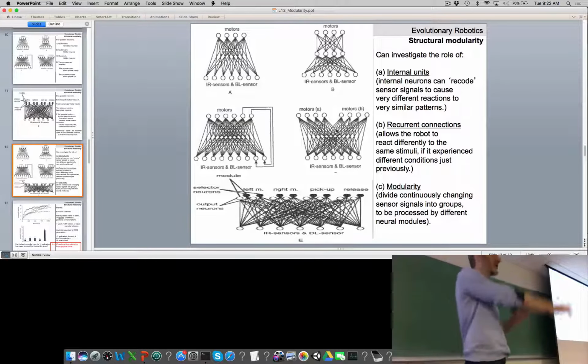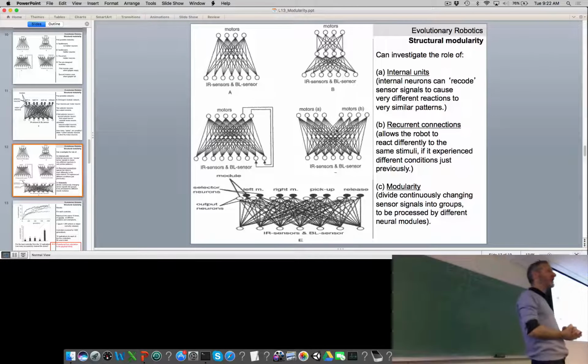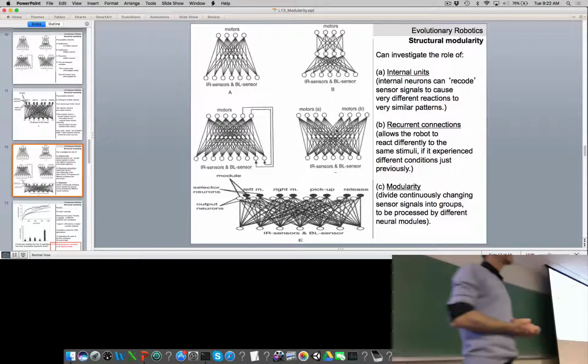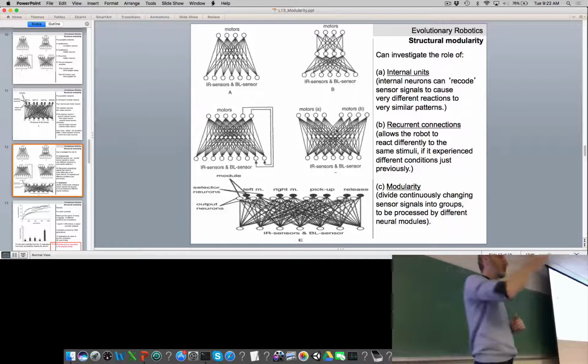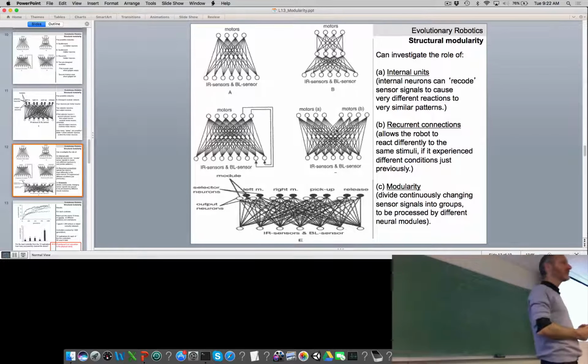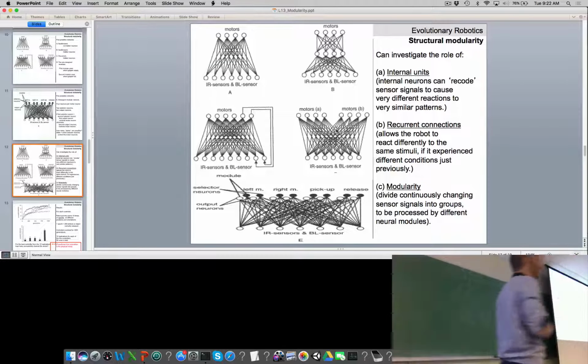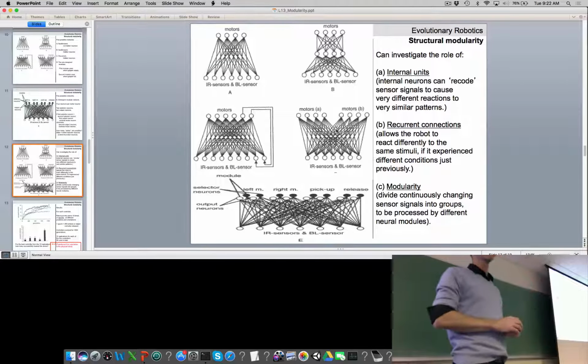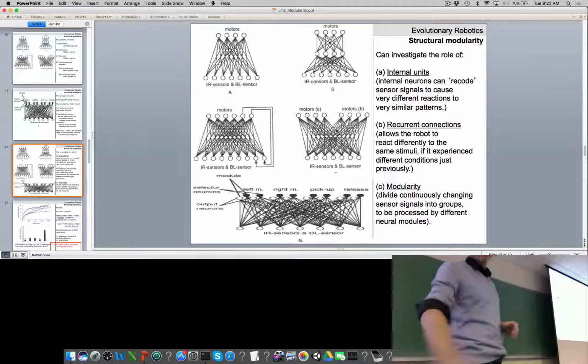That partitioning of the task into those two parts actually made things more difficult for the robot, not easier. If the robot does better with E than with the other four networks, that means modularity is useful, but we were wrong about what kind of modularity it is. The modularity we built into network D is not useful. There's some other modularity here that happens to be useful.